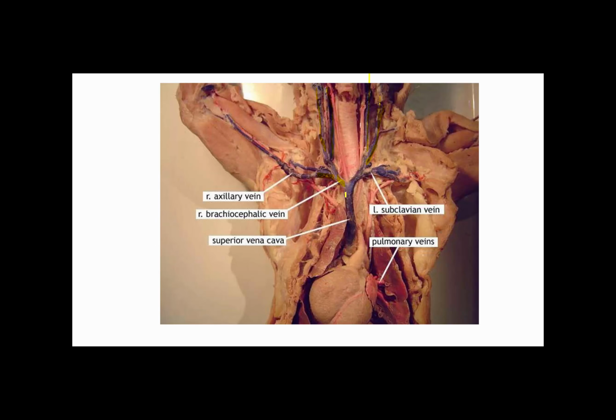So here's the right brachiocephalic vein and the left, and here again is the superior vena cava. Cut off and difficult to see is the internal thoracic vein. In this particular picture, we're not seeing the vertebral veins that I showed you on the previous slide.